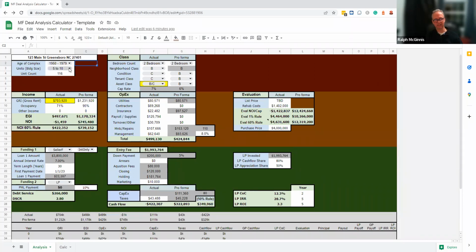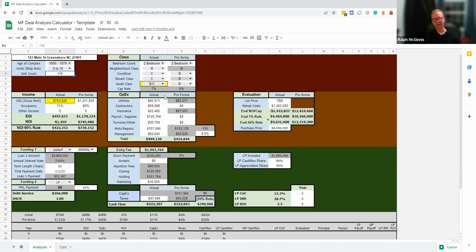That adjusts your maintenance and your CapEx as well. And then the entire unit count also adjusts those factors. So these are some of the elements that you need to try to collect when you're looking at a multifamily. How big are the buildings? Of course, how many units are there? And the age of the complex.